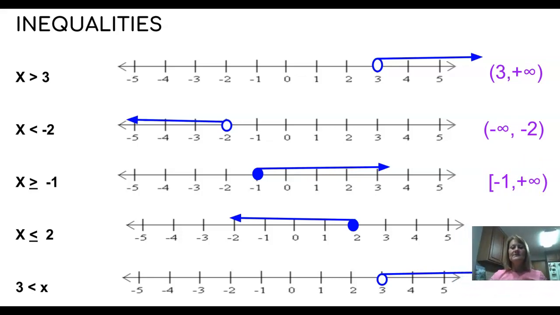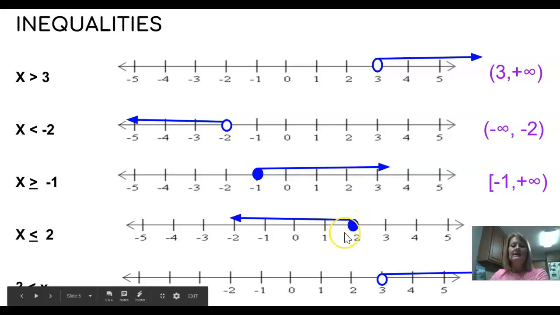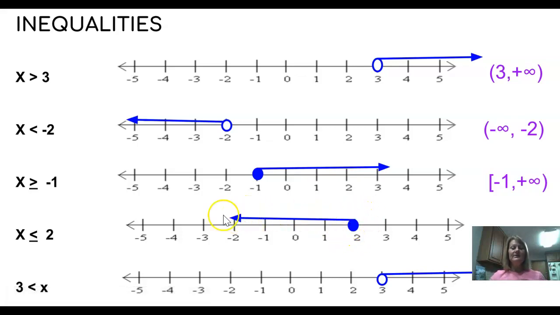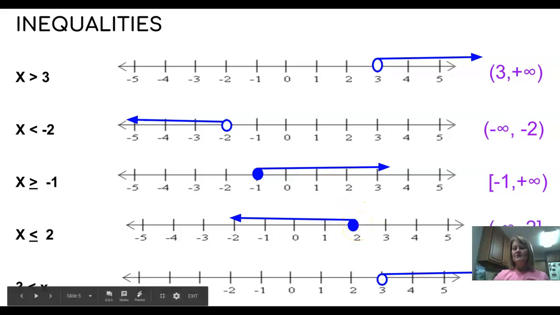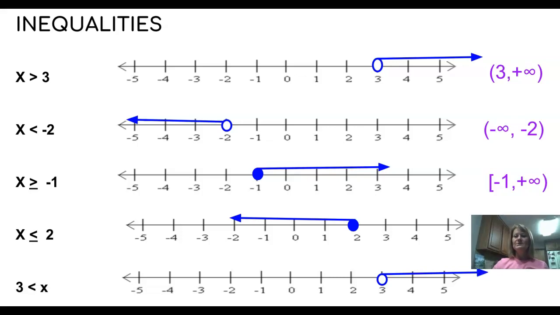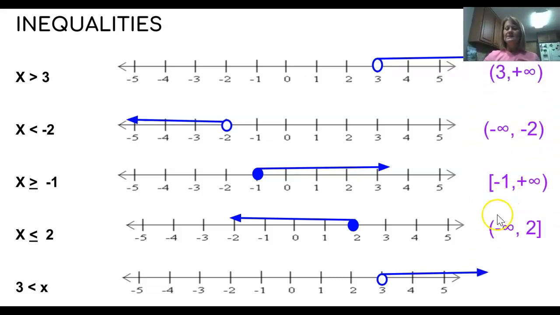Okay, so the next one that you're going to see, again closed, but this time it's going to negative infinity. So my left is at negative infinity. My right is at 2, and it's a bracket because it is closed. So let me get my picture here out of the way. So that's what we're looking at, negative infinity to 2.